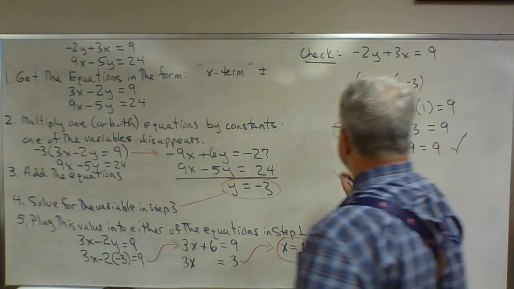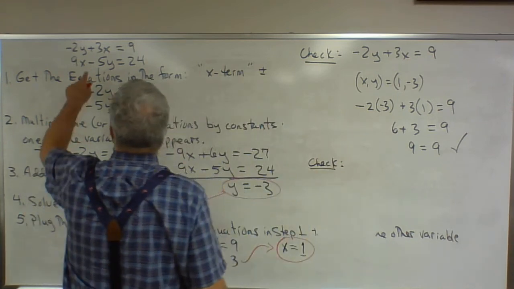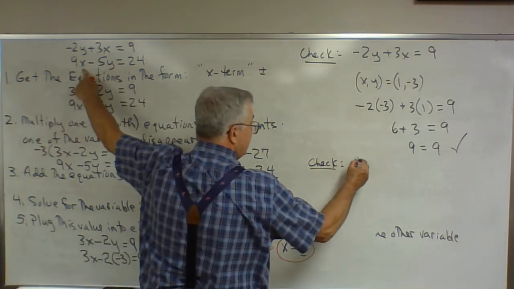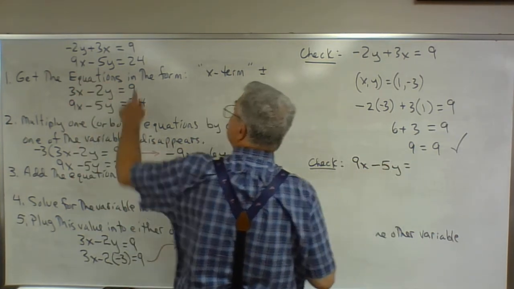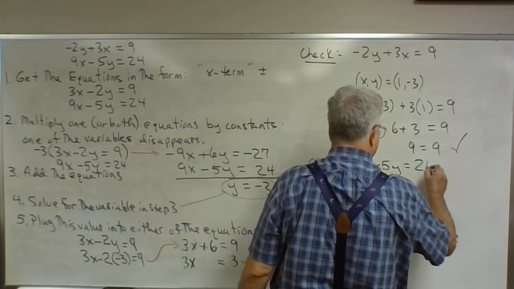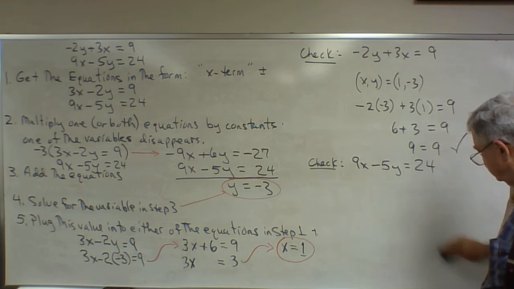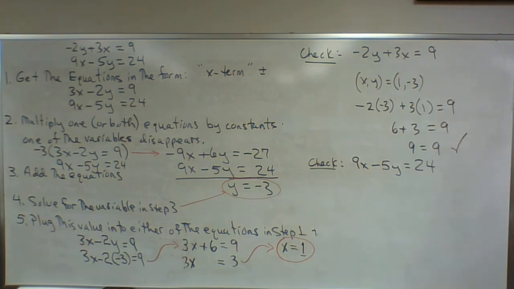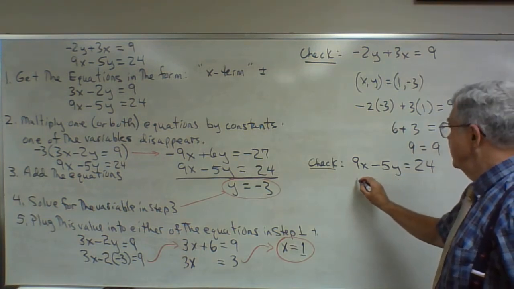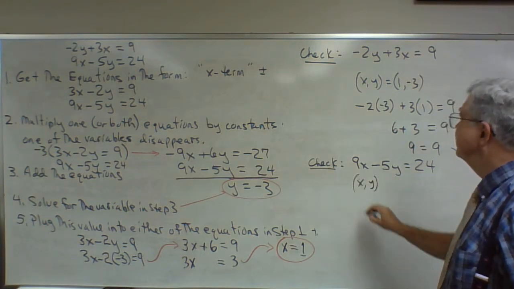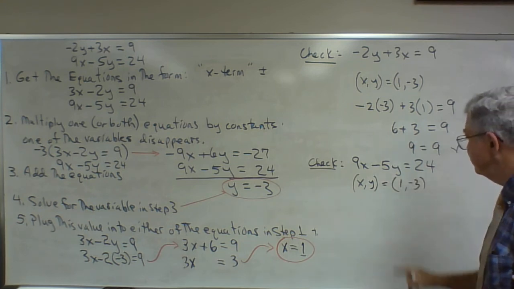Let's try the other equation. 9x minus 5y is equal to 24. x, y is 1, negative 3.